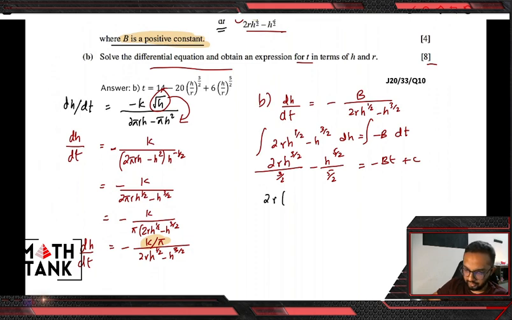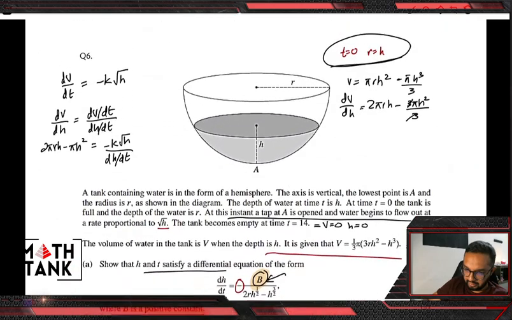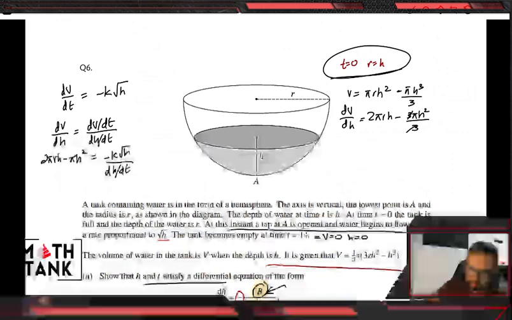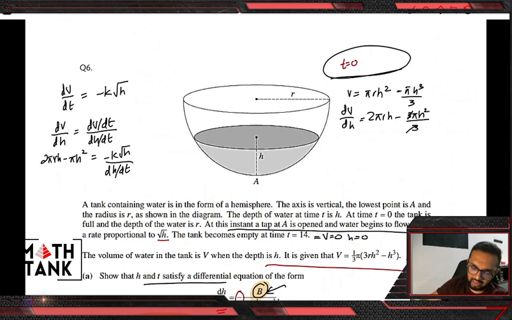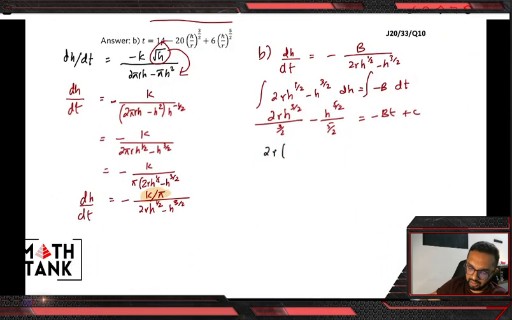r is constant, right? So what I should do is, height equals r, because height is the variable, r is not the variable. So I'm going to write r power 3 over 2 over 3 over 2, r power 5 over 2 over 5 over 2 minus b into 0 plus c.